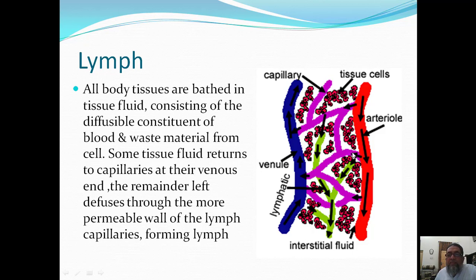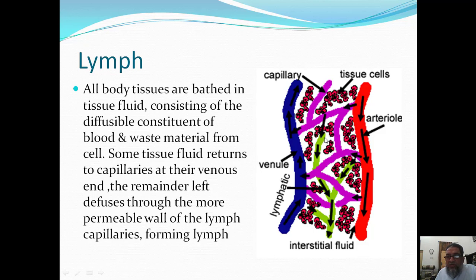So there will be an ultimate oozing, according to the hydrostatic pressure, of the transudate within the interstitial spaces within the cellular components.